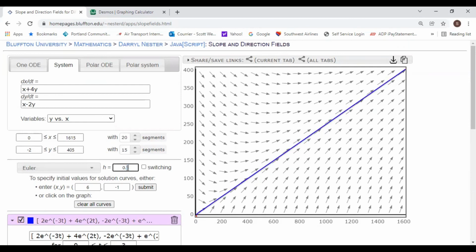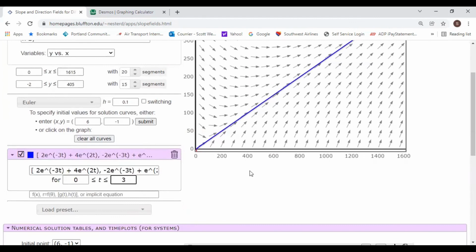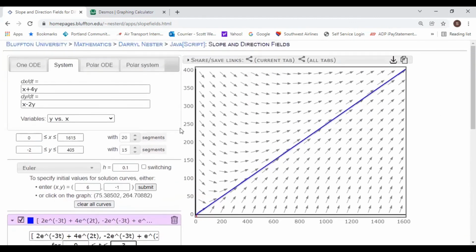At h equals 0.5, they look a lot closer, but that's just because our view is zoomed so far out that it's hard to even see. And in particular, t equals 0 to 3, so that takes us all the way out to here. And then at h equals 0.5, we submit that.